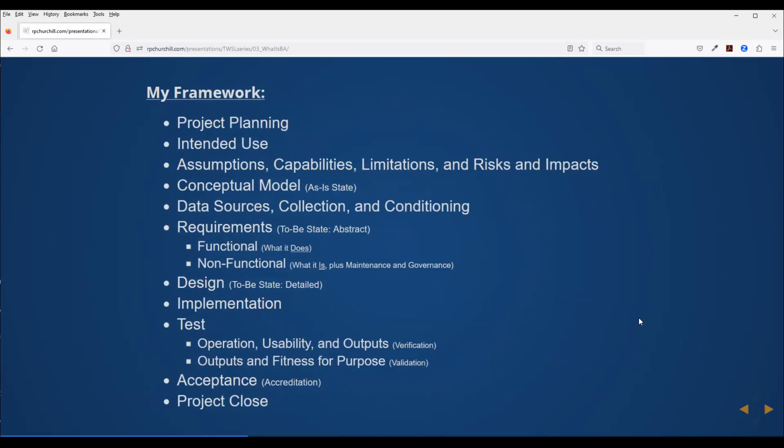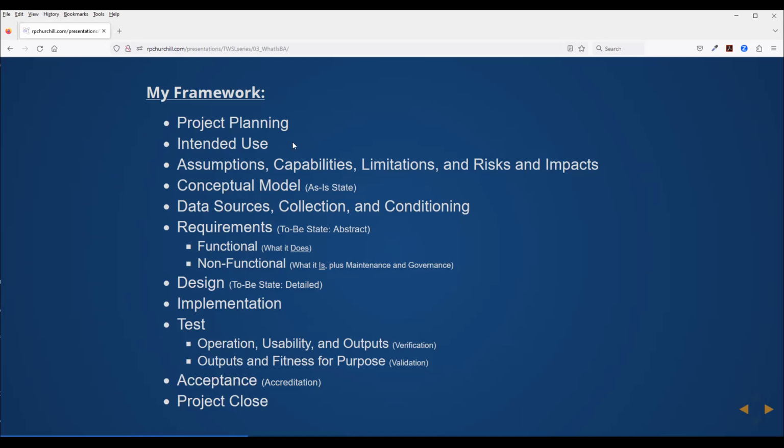So based on last week, we'll do a brief review here. This is the framework that I described. You start with project planning and you do a close at the end. And not all business analysis work is done in the context of a project, but you still generally have those.